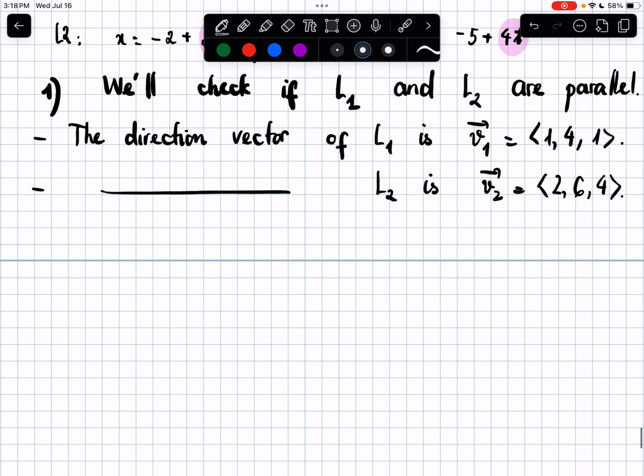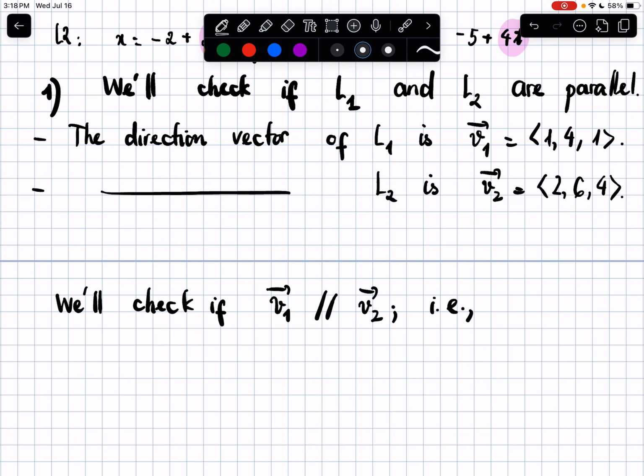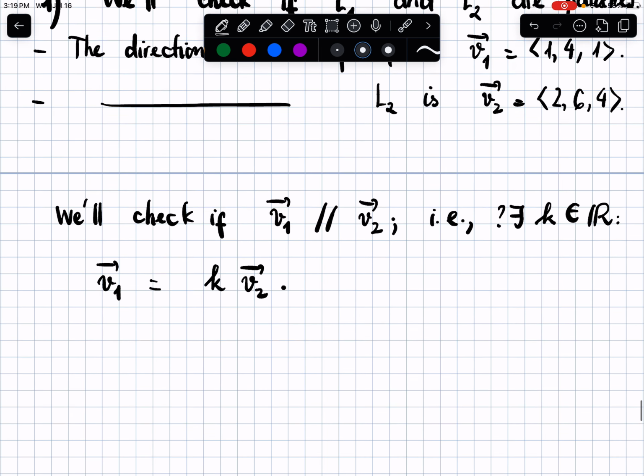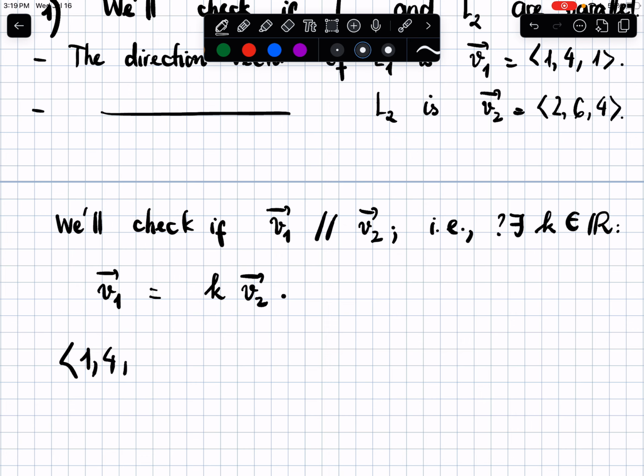We check if V1 and V2 are parallel. This means we check whether there exists a real number k such that V1 equals k times V2. V1 is 1, 4, 1. V2 is 2, 6, 4.